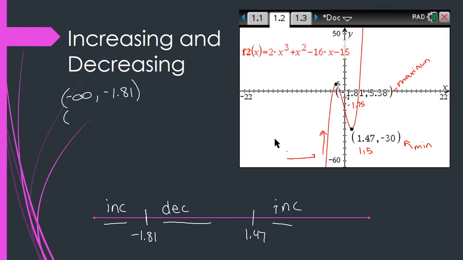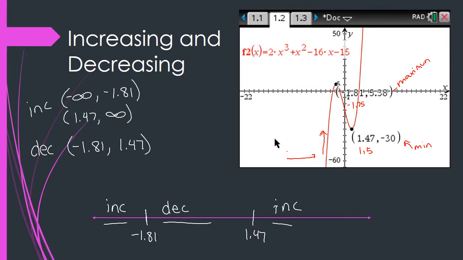Then I'm also increasing from 1.47 to infinity. Same thing, I'm not equal here because that is the minimum and it's neither increasing nor decreasing there. So that's where my function is increasing, and then next I need to list an interval where it's decreasing, and that's from negative 1.81 to 1.47.